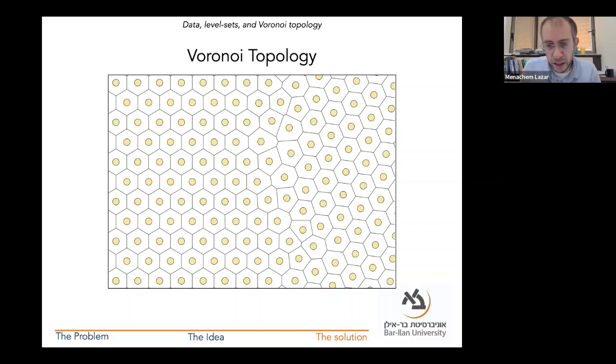So here each cell in the picture is the region of space closer to some central atom or particle or point than to any other. And what you should notice is that on the left side, all the Voronoi cells are hexagons. They're actually nice, perfect, regular hexagons. And same on the right. And somewhere in the middle, it looks like some of them have more or fewer than 6 edges.